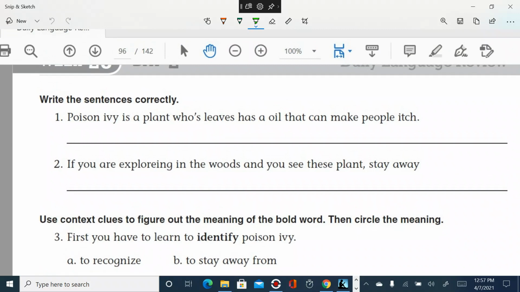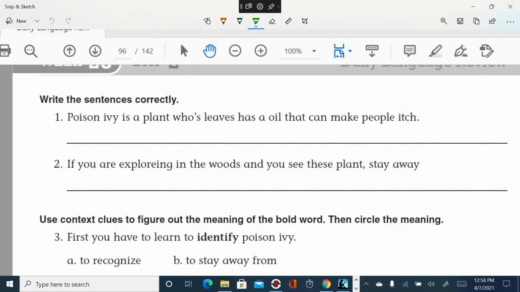It says, let me read it first. Poison ivy is a plant whose leaves has oil that can make people itch. That one doesn't sound totally horrible, but it is. Look, right now it reads, poison ivy is a plant who is leaves.